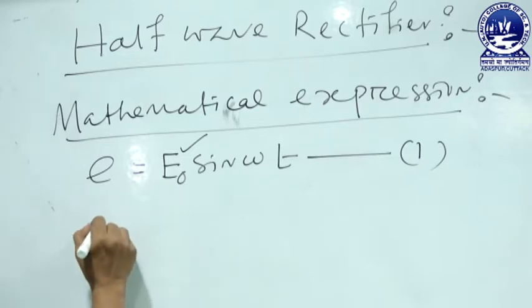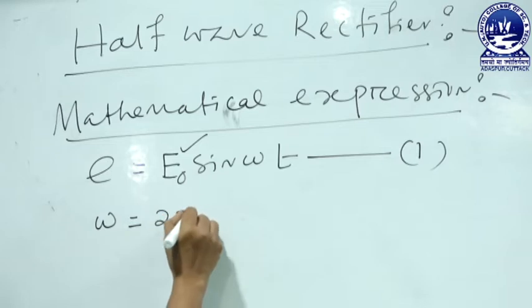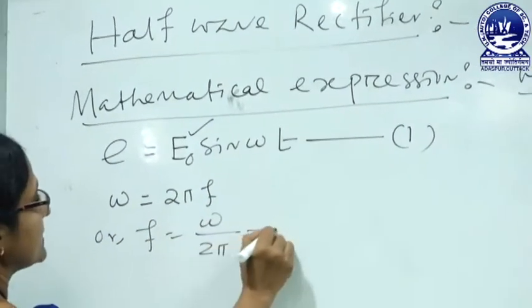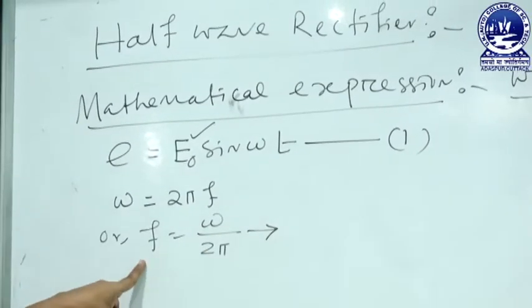Then omega, we know, is the angular frequency, equal to 2 pi f, or f is equal to omega by 2 pi, that is the frequency of AC.